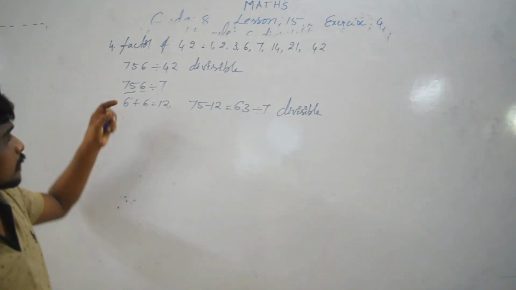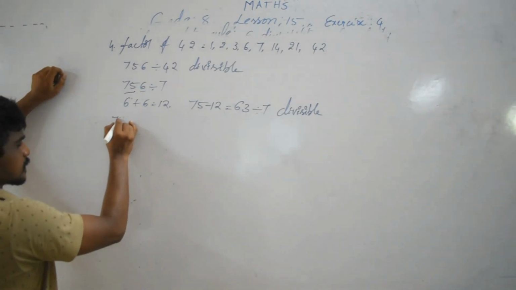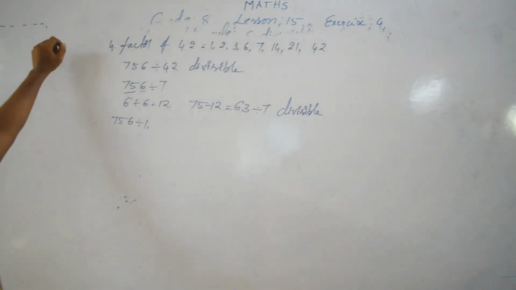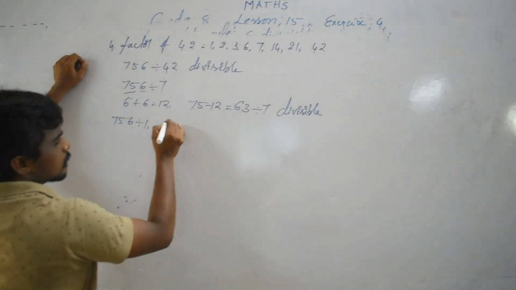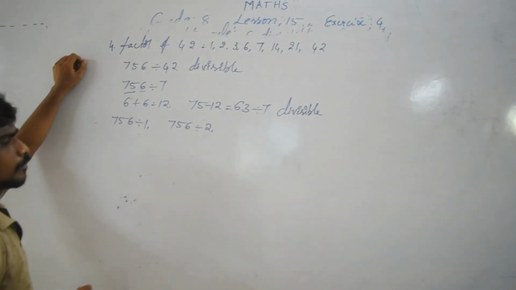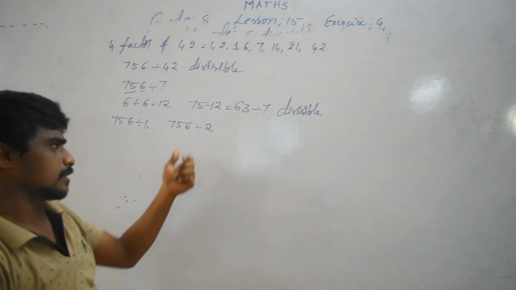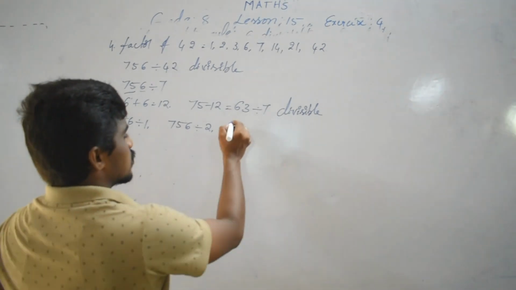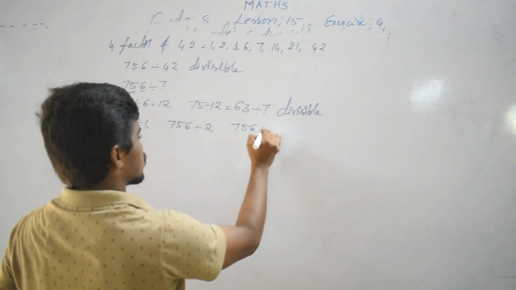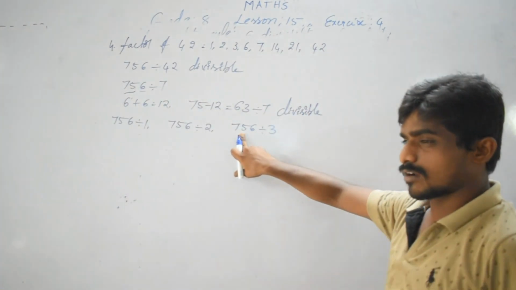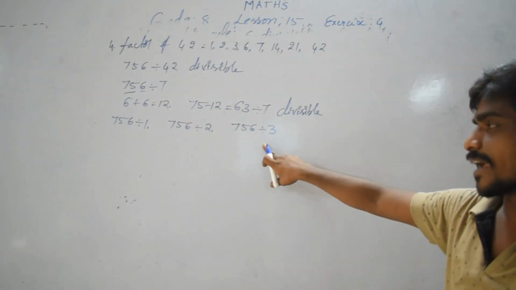Next one, 756 divided by 1. Divisible or not divisible? Divisible. 756 divided by 2. Divisible or not? The 2 divisibility rule: the ones place is an even number. 756 divided by 3: 7 plus 5 is 12, 12 plus 6 is 18.